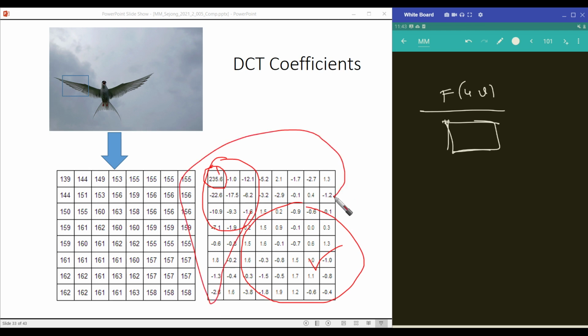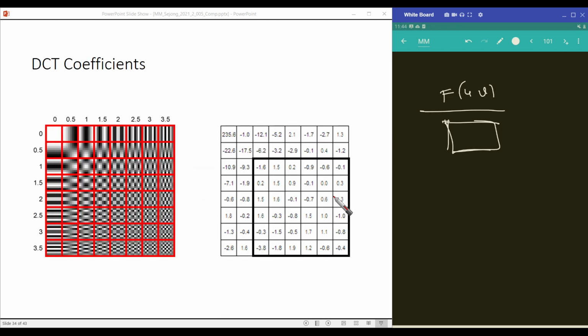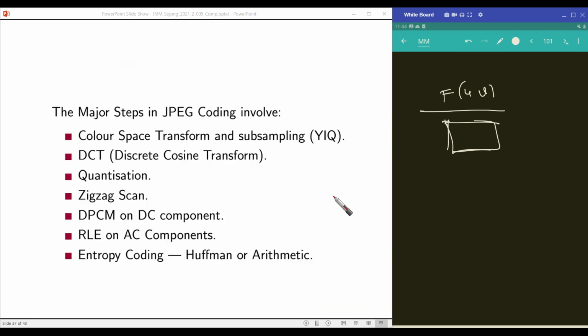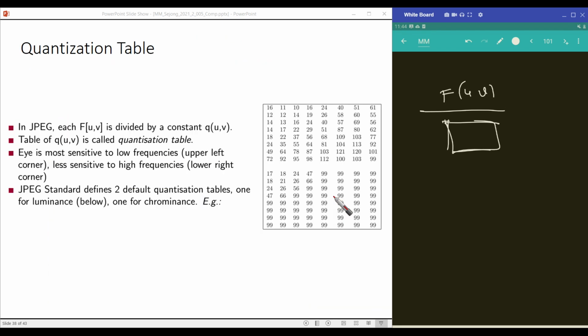Now how do we divide? There is certain research on that, and it says something like this. Let's say the very first number, the 00 number, we divide by 16, and the very last number, the 77 number, we divide by 99.